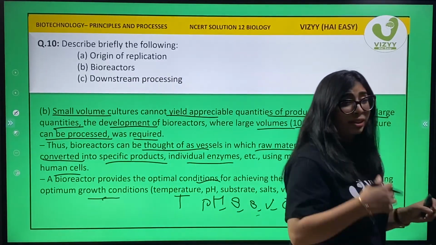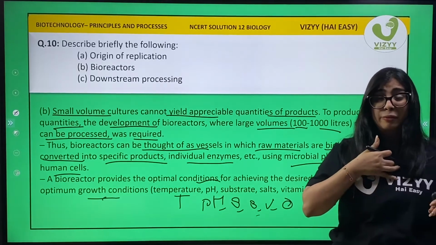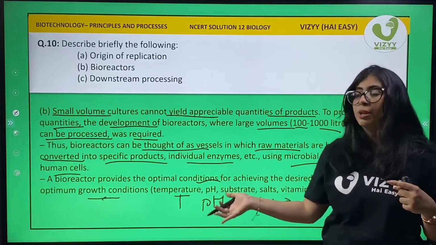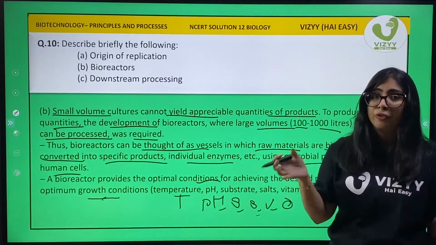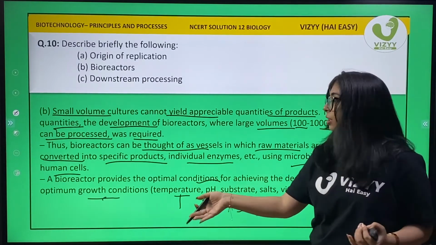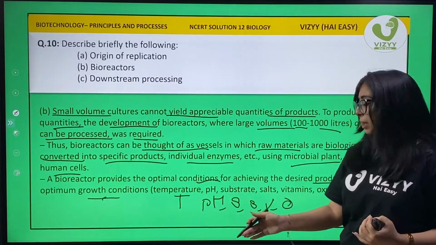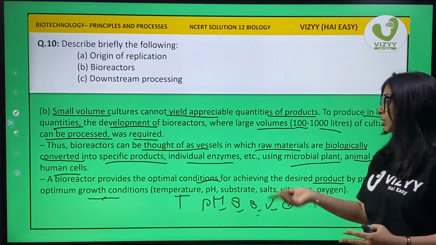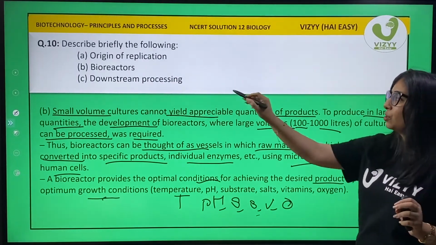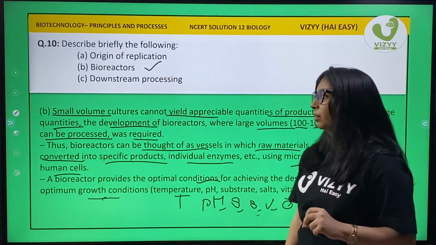So a bioreactor will have all the things that are necessary for biological processes which are optimum for growth. For example, it will have a temperature regulator. It will help regulate pH, substrates, salts, vitamins and most importantly oxygen. So students, we are done with bioreactors as well.